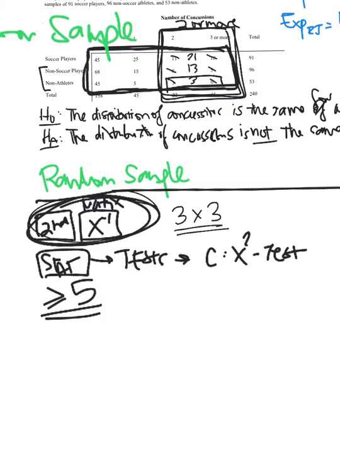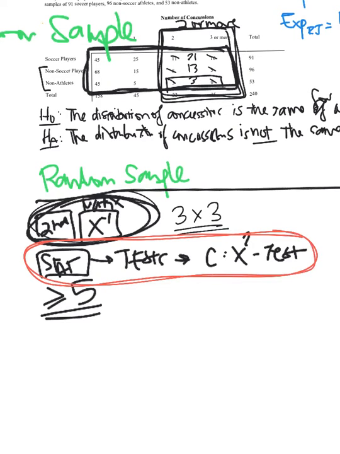And now we're going to do this step again. We're going to go back to chi-square test. So go stat, move over to test, go up to letter C. Remember, you don't have to do anything in here, just scroll down to calculate. And now I get a chi-square of 20.6036.